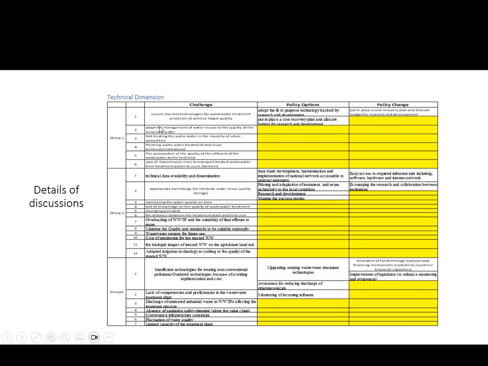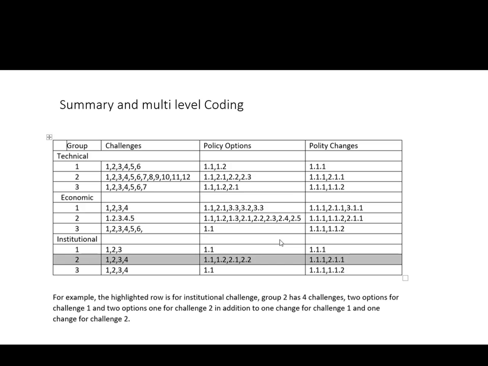This policy option is related to the first challenge here, and this one policy change is also related to challenge number 1 in Group 1. The same thing is repeated for the 3 groups, and the purpose of the exercise is to try to make sense out of the 3 discussions by the 3 groups to come up with key messages.